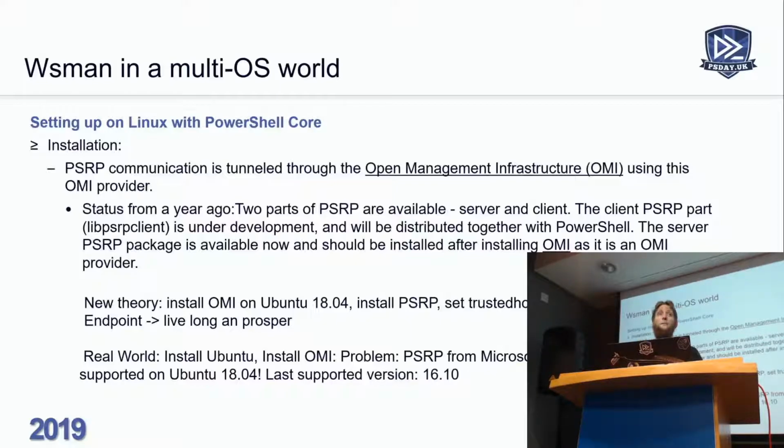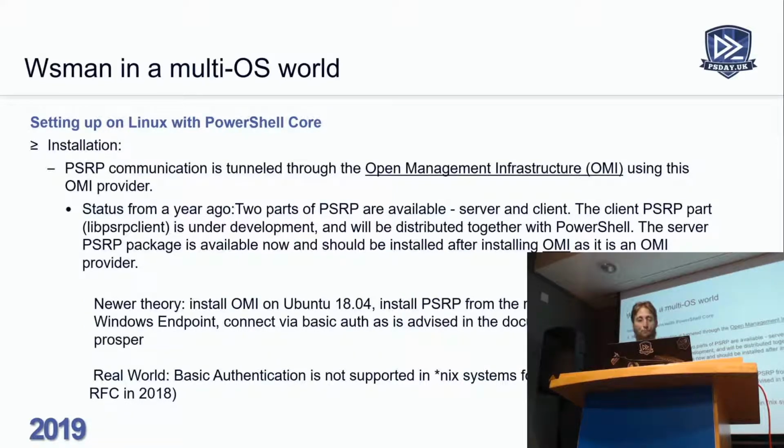Okay, then change in plans. The newer theory: we install OMI on Ubuntu, install PSRP from the repository directly, set the trusted host, connect via basic authentication, and is not a prosper.